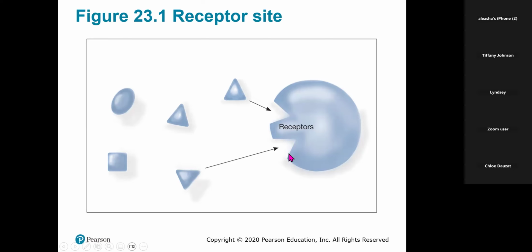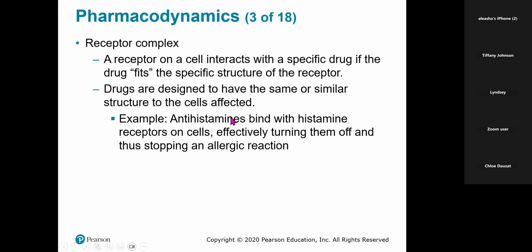The square could fit in there, but it's not going to fit as well. So it's going to have a limited action. But once it's blocked, it completely blocks it. Or if that triangle is representing an action that you want completed, of course, it's going to fit like a puzzle piece, again, like that lock and key. So we would see the full action of that product.